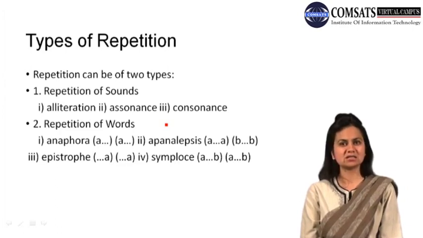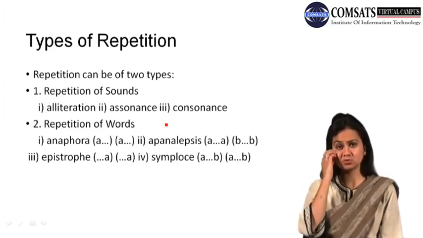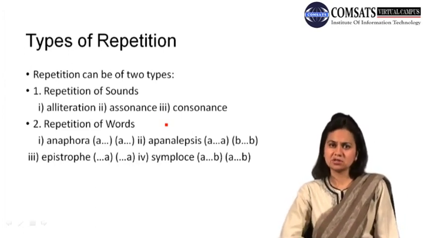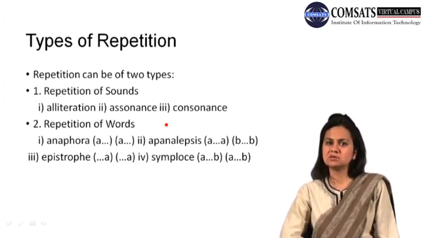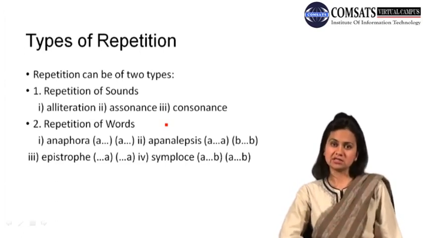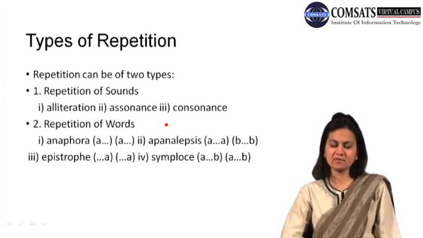So when we say that schemes can make use of certain devices which operate at the level of sound, we mean to include alliteration. Alliteration, that is the repetition of the consonant sound at the initial words in closely connected lines or in the closely connected words.